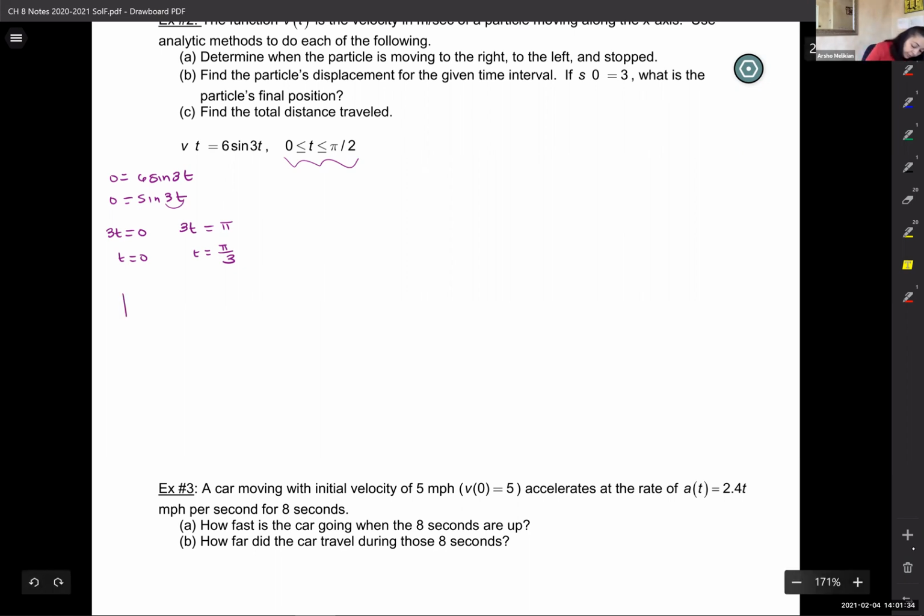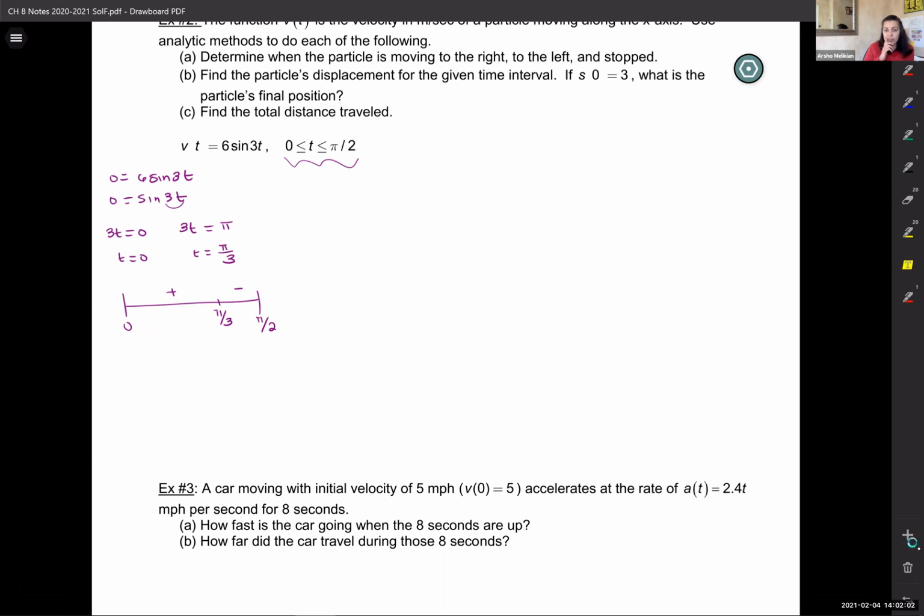So now, let's do our number line from 0 to pi over 2. And now look, t equals 0 where the particle has stopped. It's one of the boundaries, which is okay, but pay attention to that. And then pi over 3 is here. Okay. And this function starts off as positive and then negative.